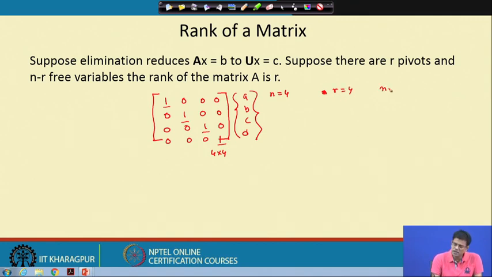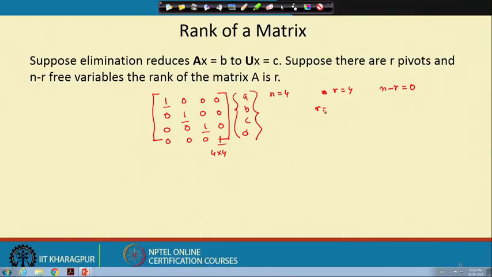So n minus r, that means the number of free variables, is actually 0. So when the rank of a square matrix equals the dimension of the matrix, we can invert that matrix, or we can solve the matrix vector equation uniquely.